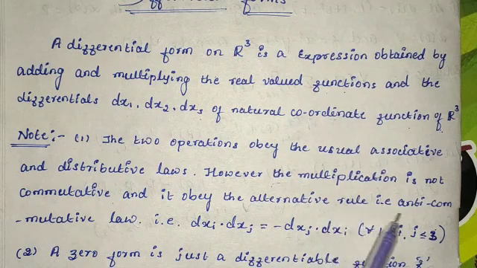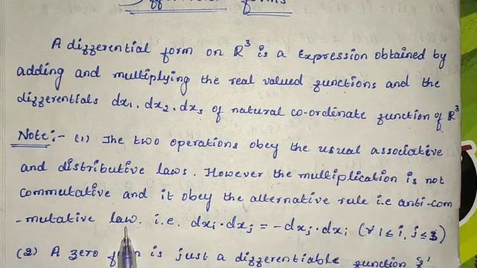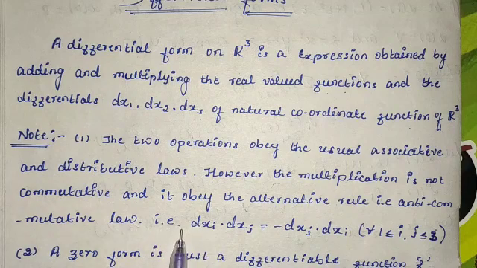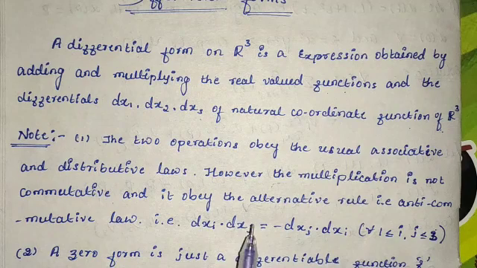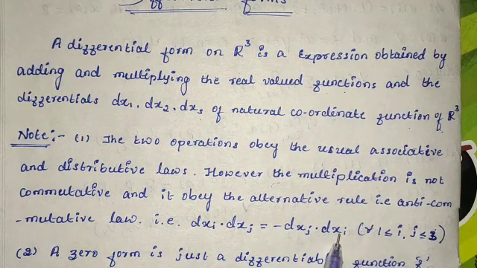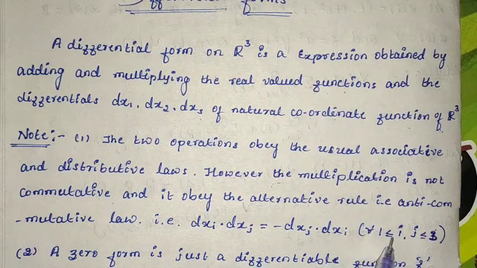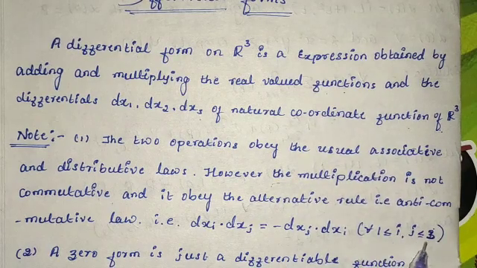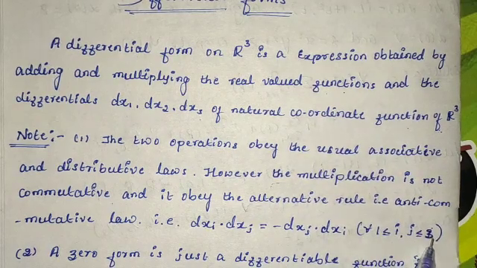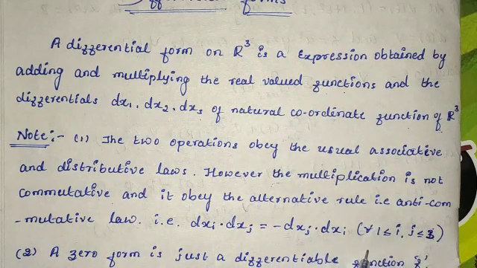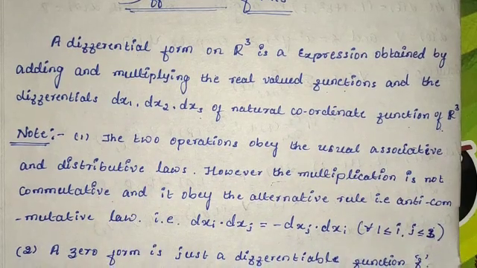That is the anti-commutative law, represented as dxi dot dxj equals minus dxj dot dxi for all 1 less than or equal to i and j less than or equal to 3.